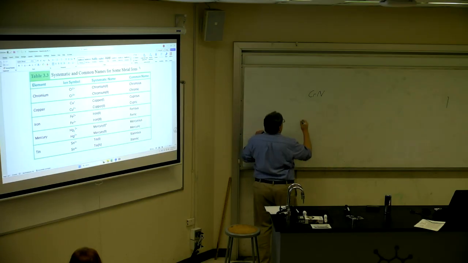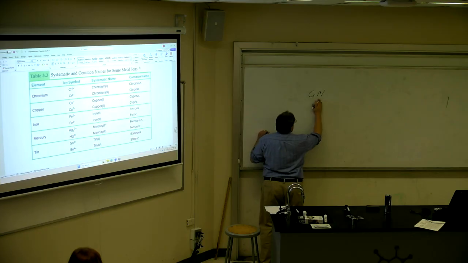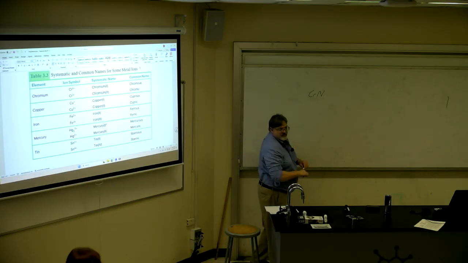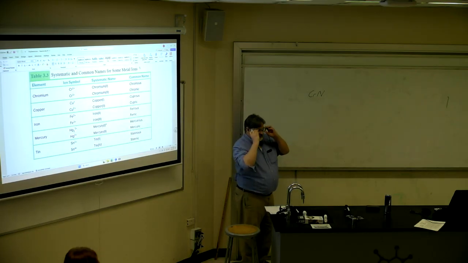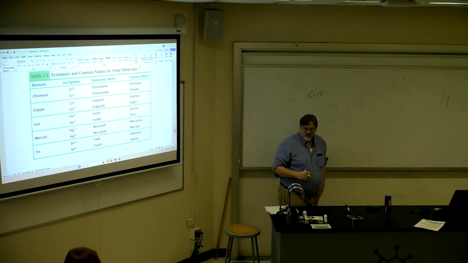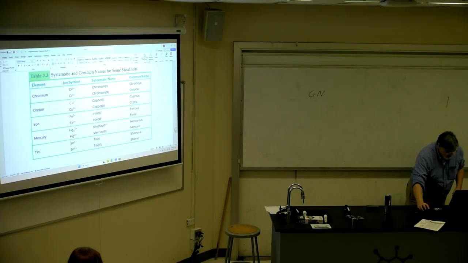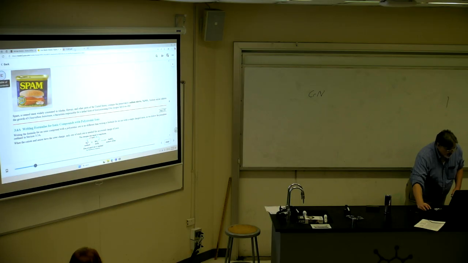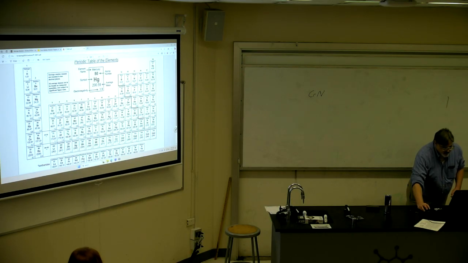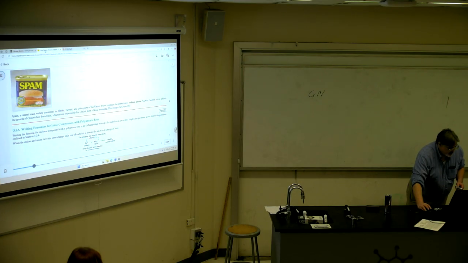That's it, that's the formula. So what's the name of this? I've taught you already that, all right, so what's the charge on nitrogen? -3. So there's nitrogen. 1, 2, 3.